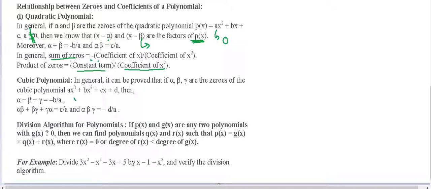Similarly, for the cubic, these are the basic generalized formulas, where we have three zeros, alpha, beta and gamma. For a cubic equation there will be three zeros, because the highest degree is 3.